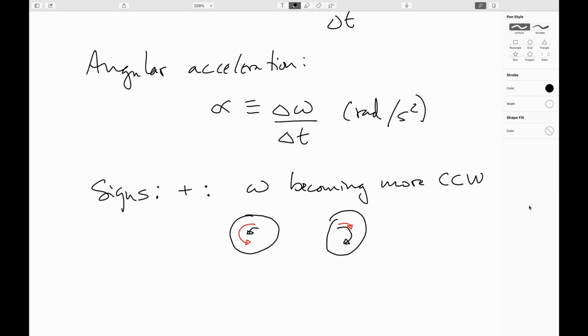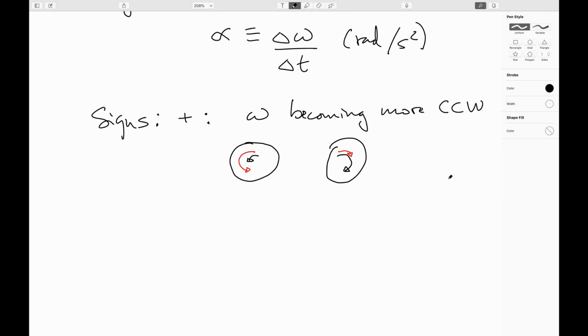Similarly, if the sign is negative, and again, this is assuming that you've made the default choice of counterclockwise being positive, this would mean that omega is becoming more clockwise. So there are two possibilities again here.